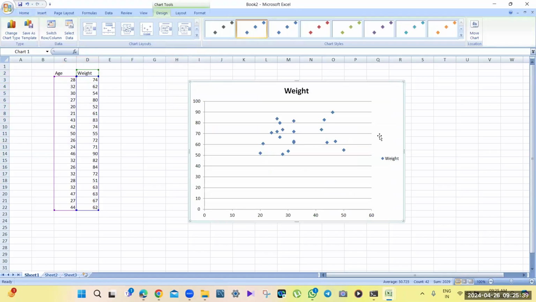What will this scatter plot tell me? It will tell me that these points are clearly following particular clusters. So this could be cluster 1 and this could be my cluster 2.